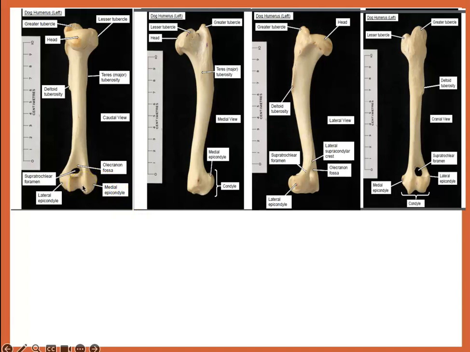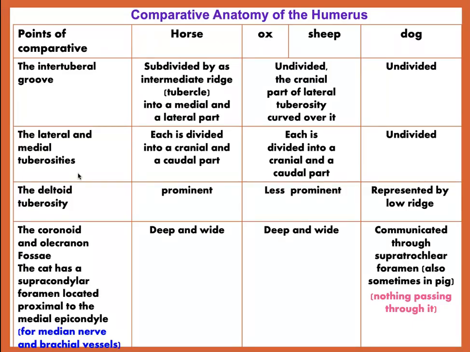An interesting structure in the dog is that the two fossae are communicated together to form what is called the supratrochlear foramen, and the supratrochlear foramen usually is an empty space, with no structure passing through it. However, in the cat we have what is called the supracondylar foramen, and usually the brachial vessels and the median nerve pass through the supracondylar foramen in the cat.